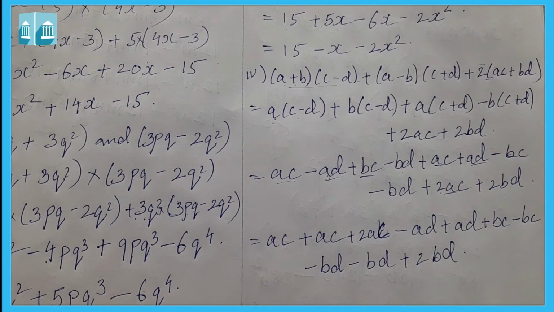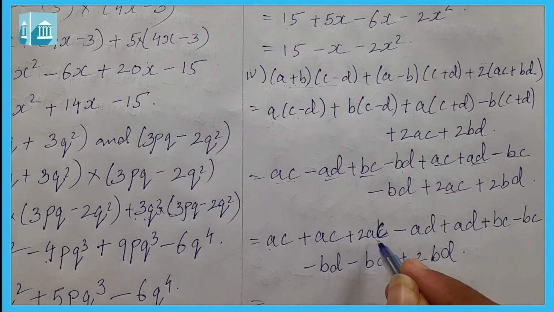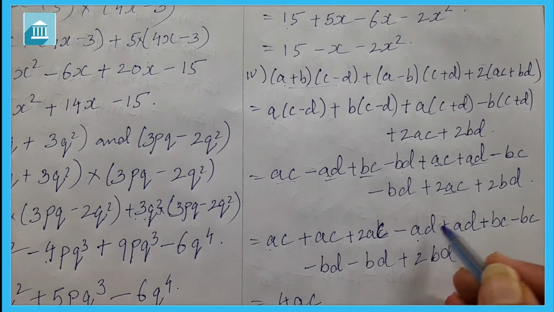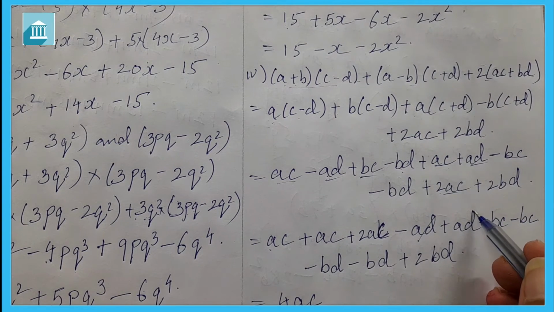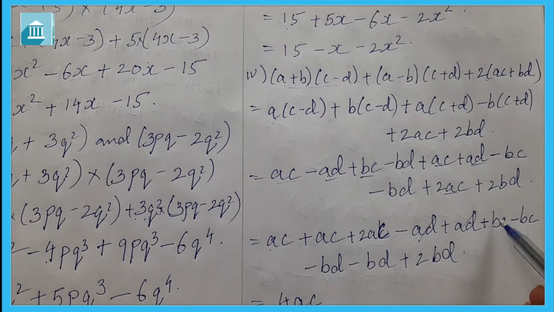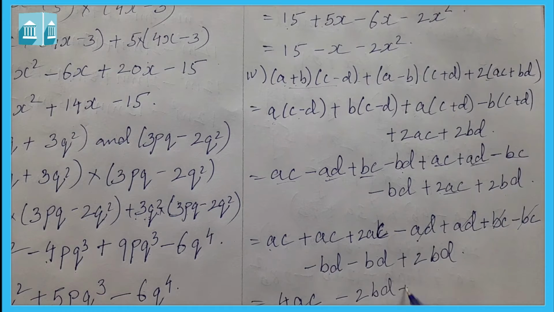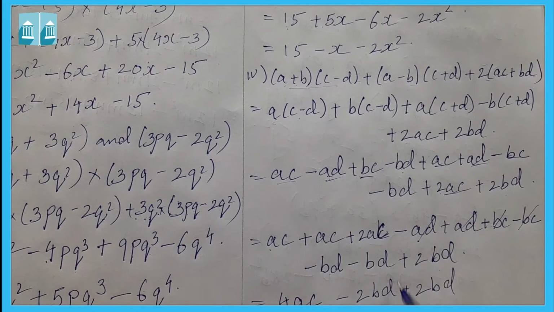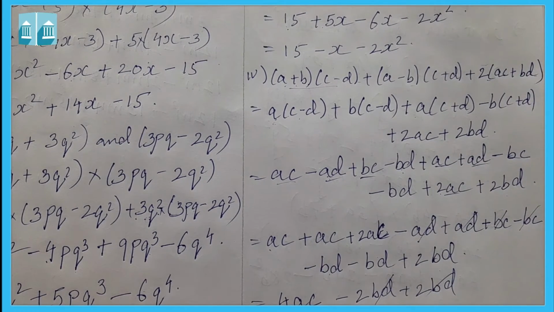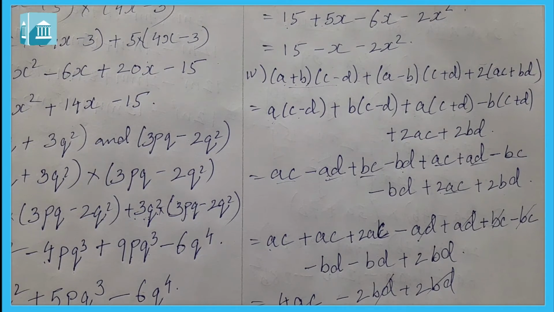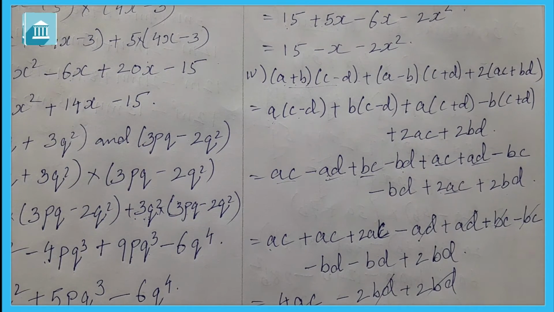Now when we add, ac plus ac plus 2ac is 4ac. The ad and ad will cancel, in the same way bc and bc will cancel. Now minus 2bd plus 2bd will also cancel. So the answer is 4ac.